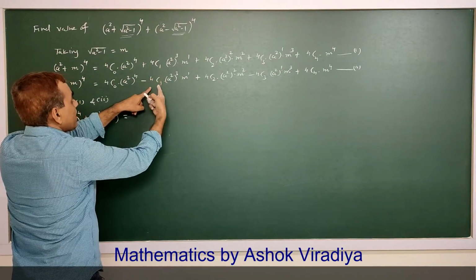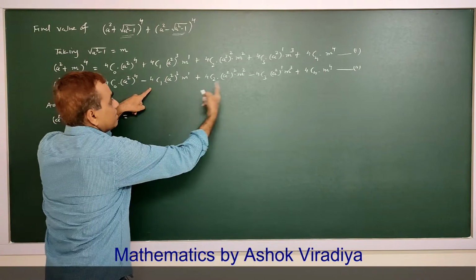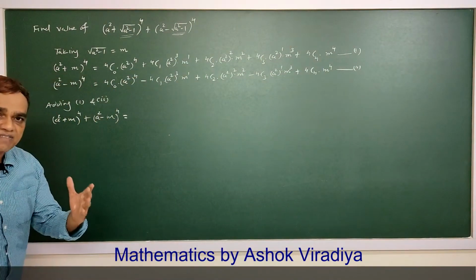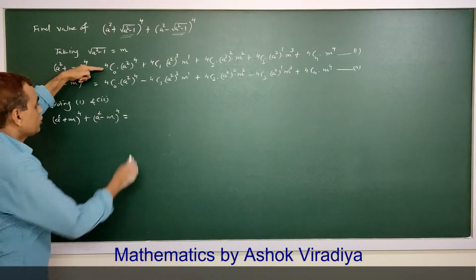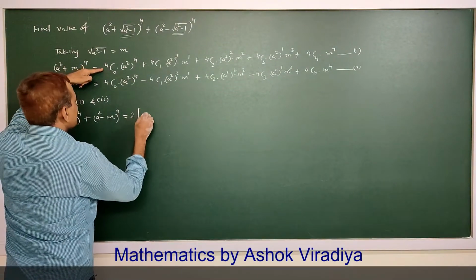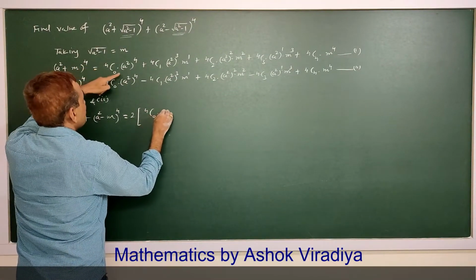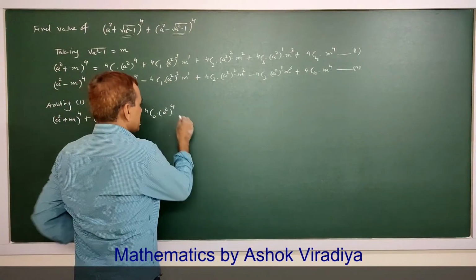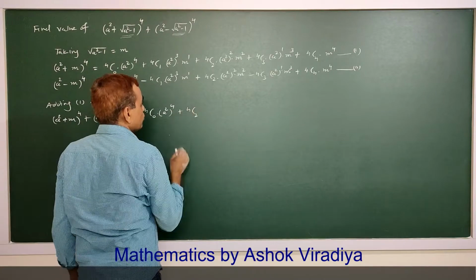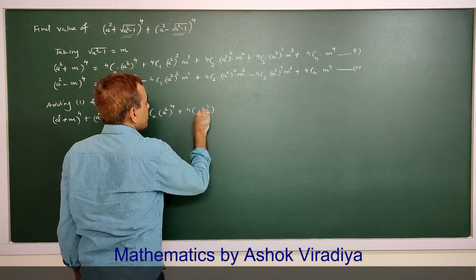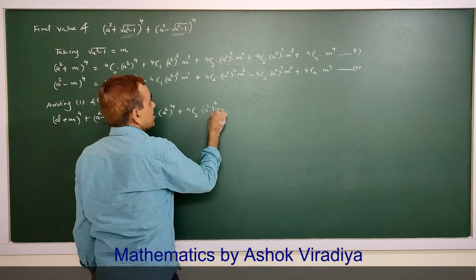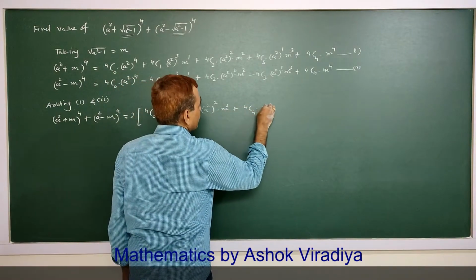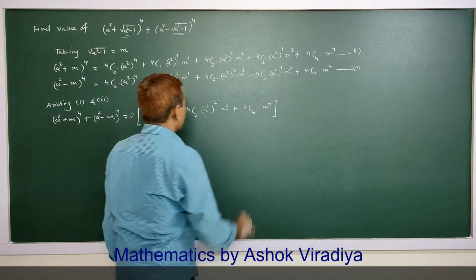When you add these two lines, this number will be cancelled, this number will be cancelled. So whatever is left will be double. So 2 times 4C0 a square raised to 4 plus 4C2 into (a square) whole square into m square plus 4C4 m raised to 4.